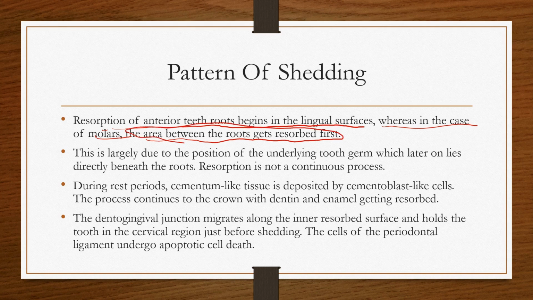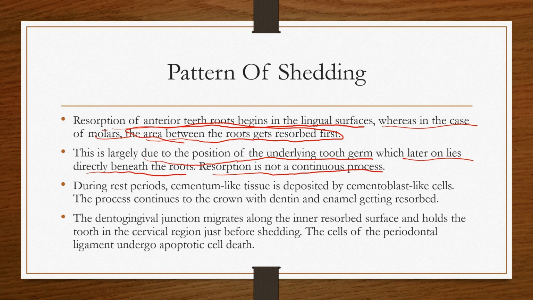This is largely due to the position of the underlying tooth germ, as we have studied in the first video of dental histology, the development of the tooth. We have studied the developing bud and where it forms. That will help you understand this, which later on lies directly beneath the roots.